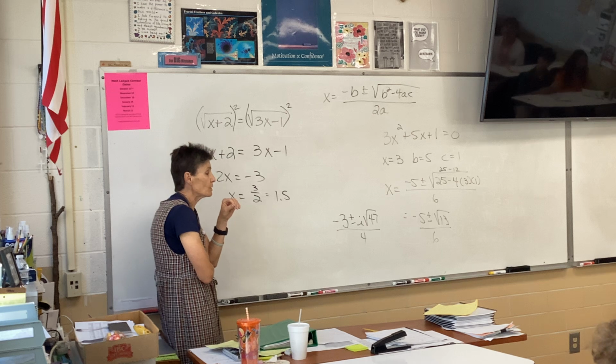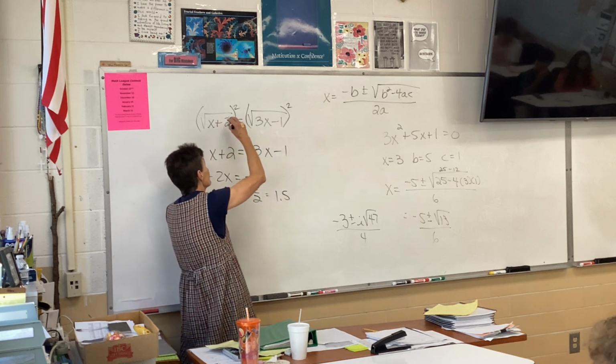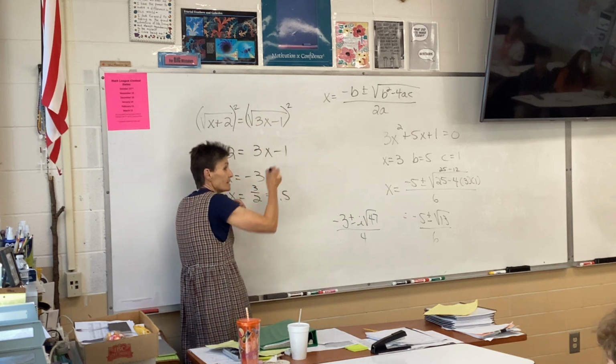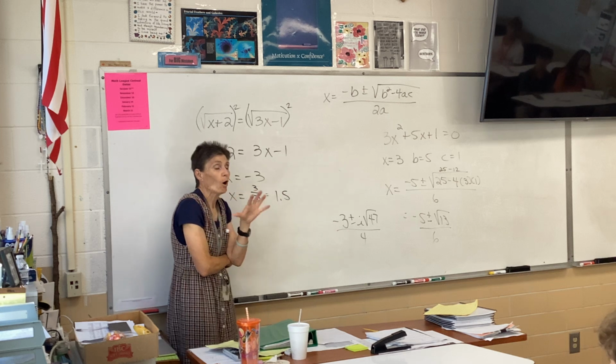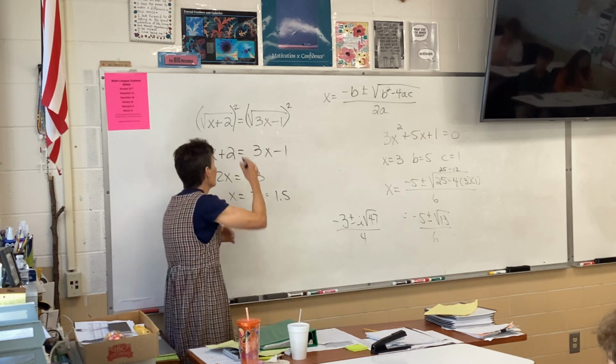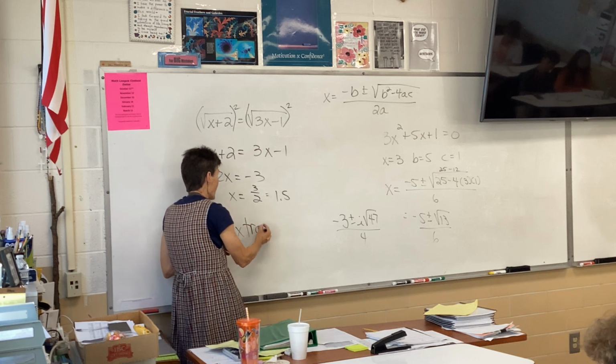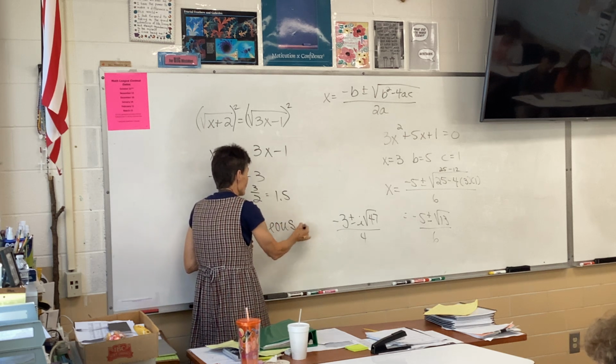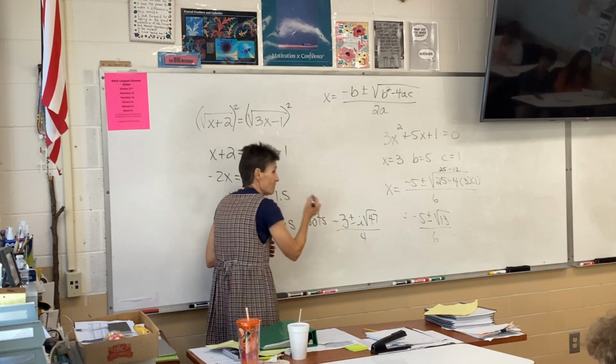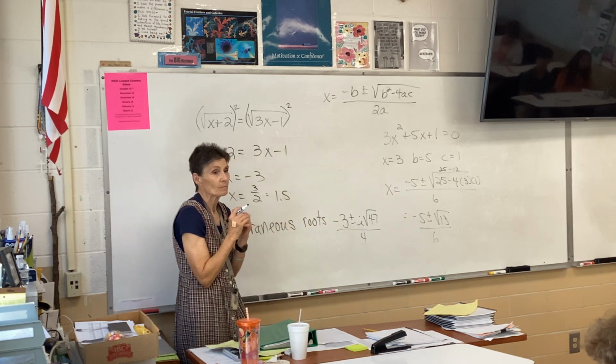And unfortunately, guys, whenever you square both sides like this, you should always check, because squaring both sides can introduce what are known as extraneous roots. Have you heard that word before? Extraneous.